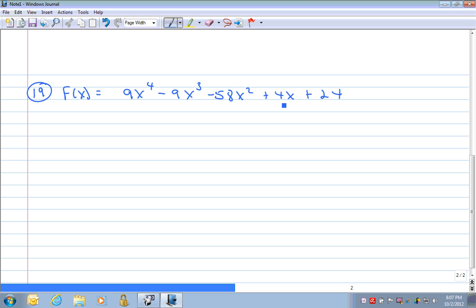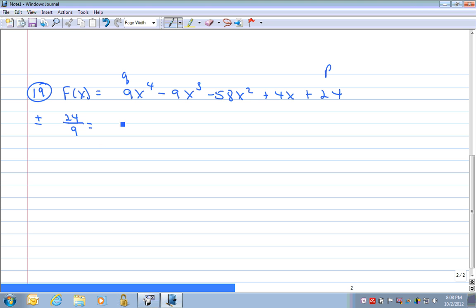So again, we're going to use our possible rational roots. So P's and Q's. So it's going to be positive and negative factors of 24 over positive and negative factors of 9. Oh boy, we're going to have a lot of possibilities.